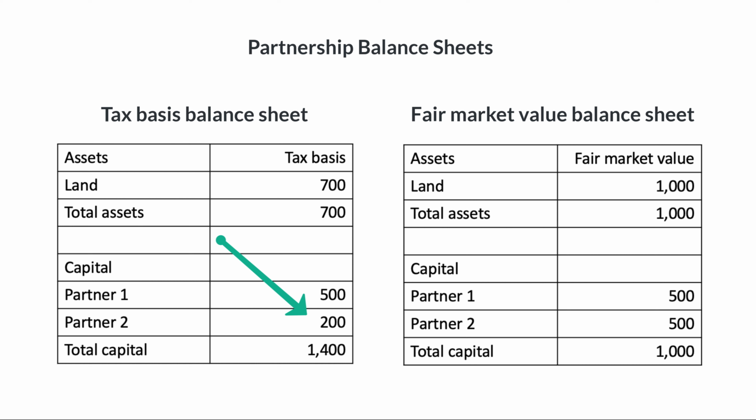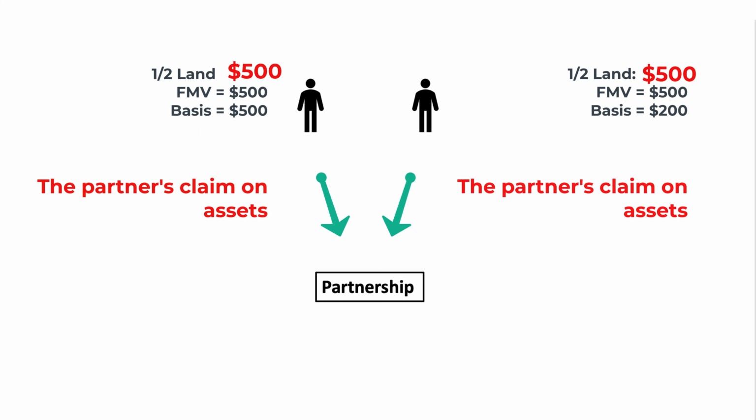Partner 2's tax basis in the partnership interest is $200, the substituted tax basis of his half interest in the land. Both partners have a 50% economic interest in the partnership, as indicated by their $500 fair market value capital accounts. As we pointed out in the first video, don't confuse tax basis with a partner's fair market value claim on the assets. The fair market value claim on the assets is called the capital interest. In our example, both partners have a $500 claim on the assets of the business immediately after the partnership formation.